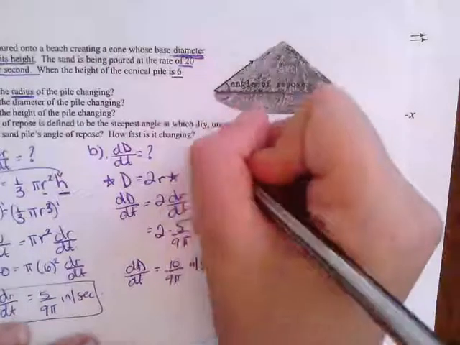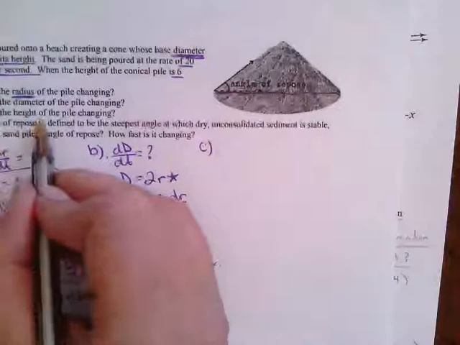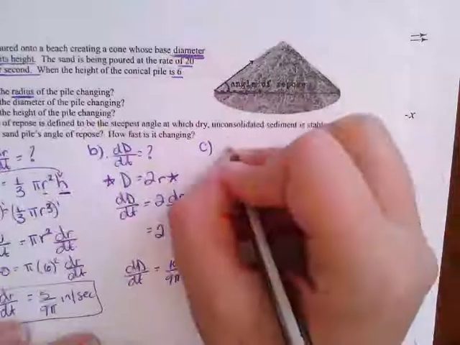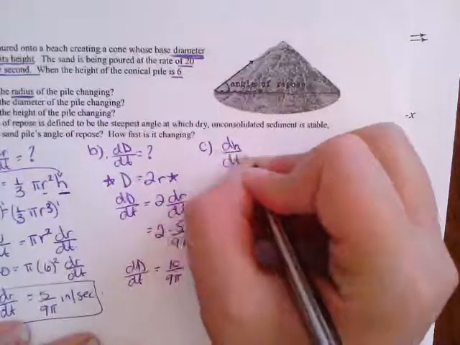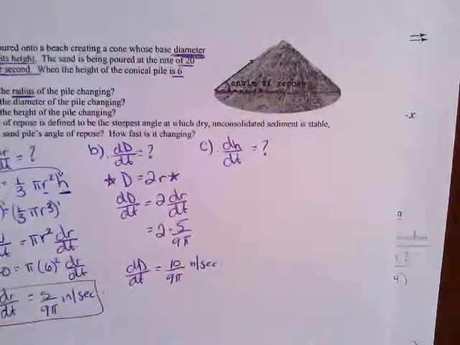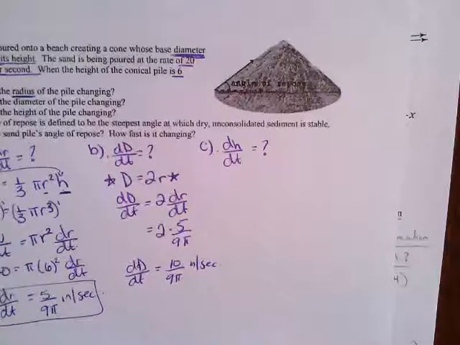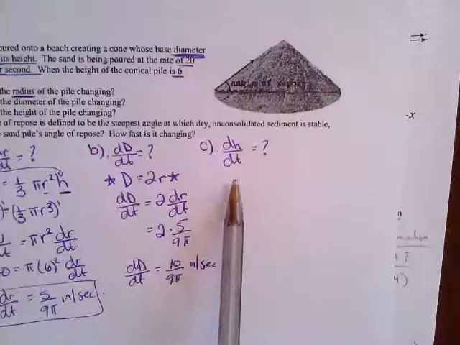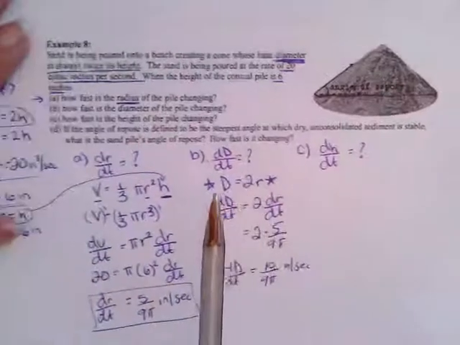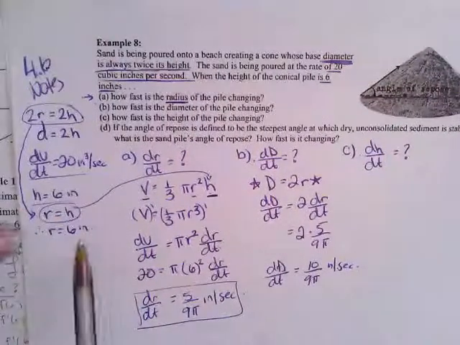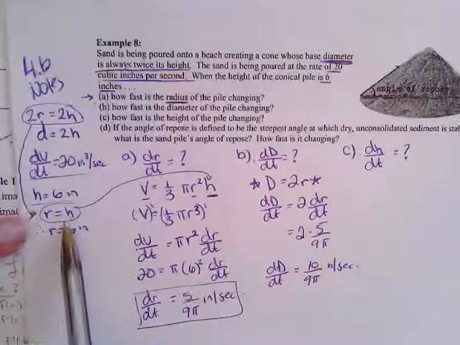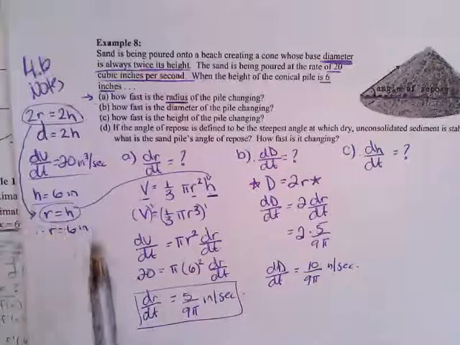Part C. How fast is the height of the pile changing? So in this one, our question is dh/dt. So this one, if you remember, h is equal to r, correct?